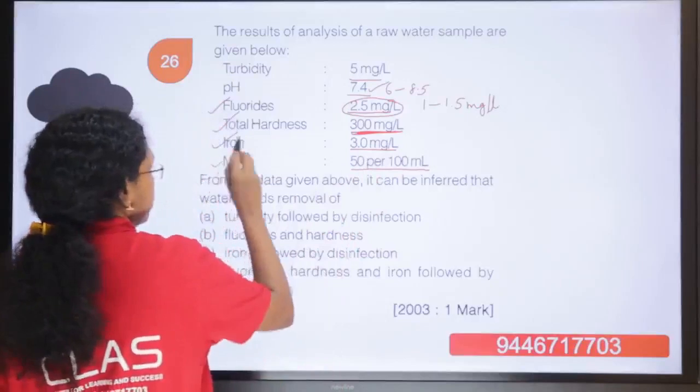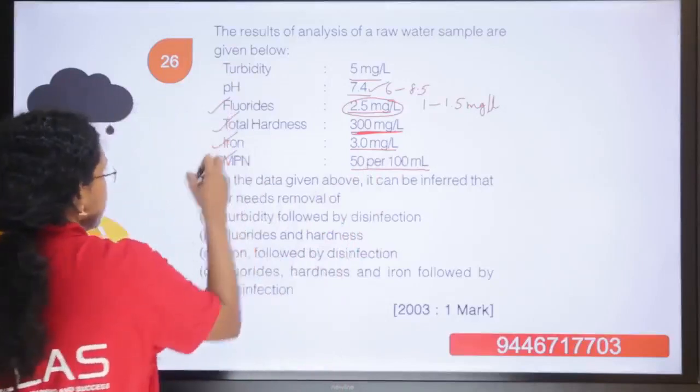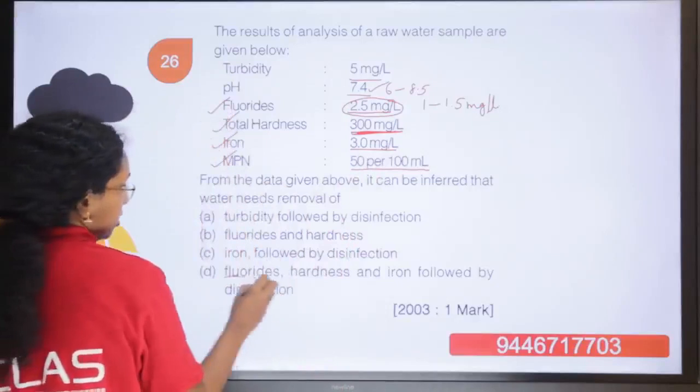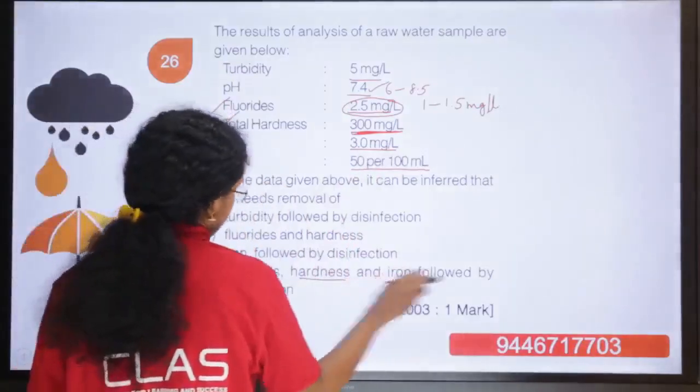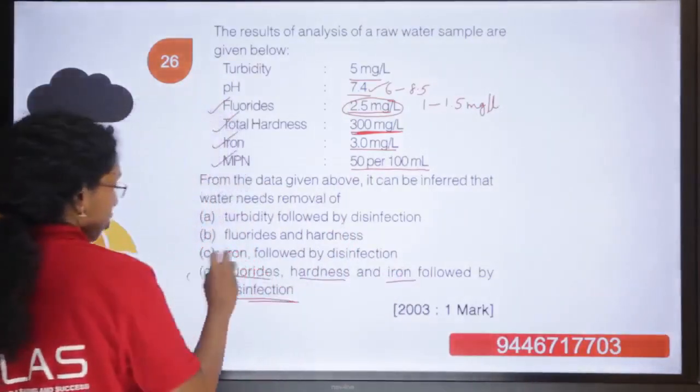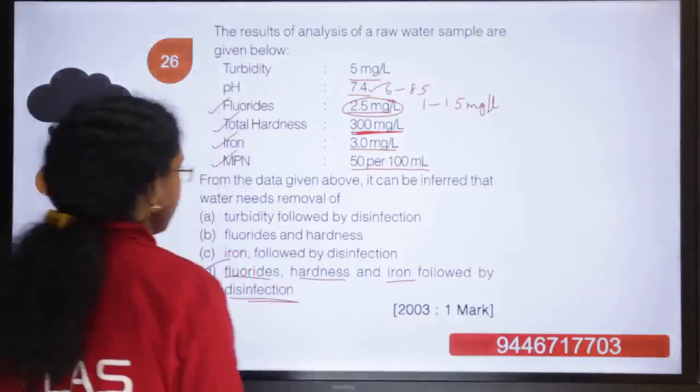So we have to do disinfection also. These 4 processes must be carried out: fluoride and hardness treatment, iron removal, followed by disinfection. So option D is the answer.